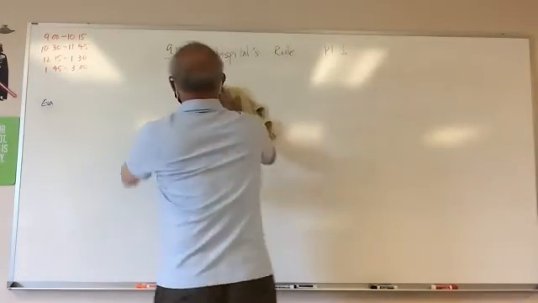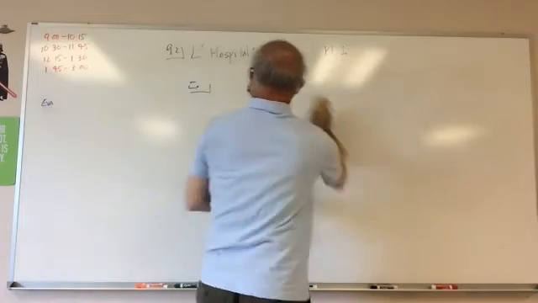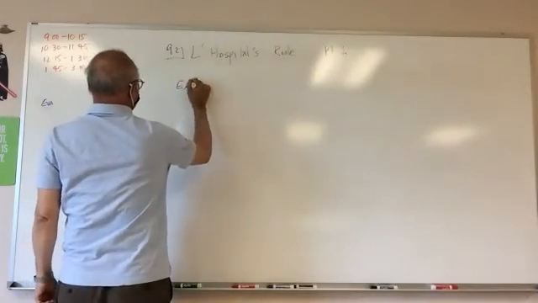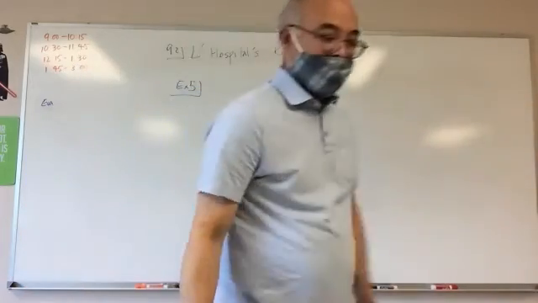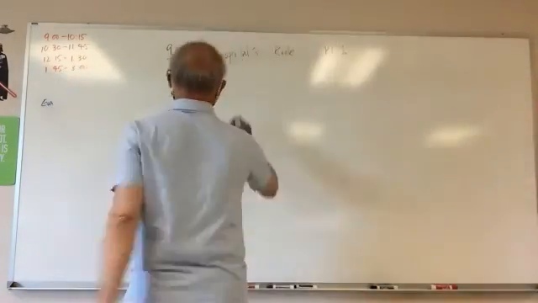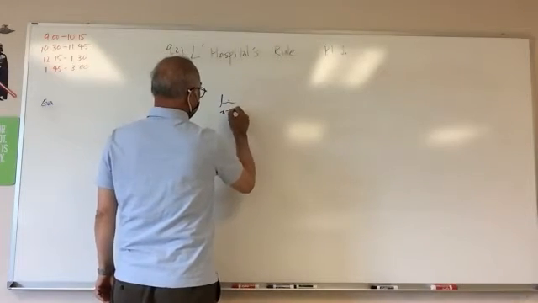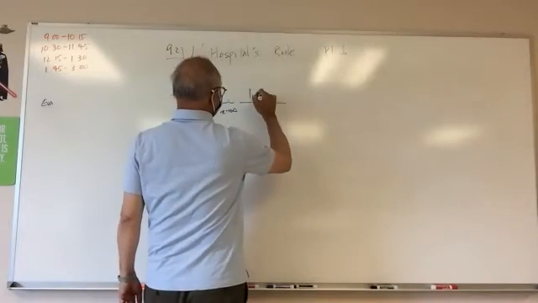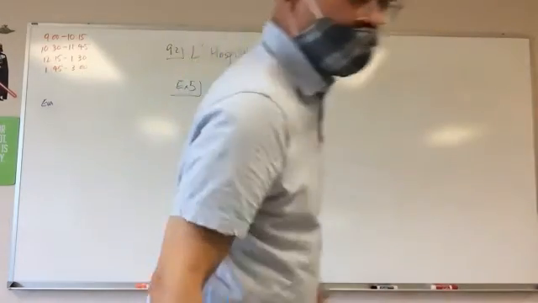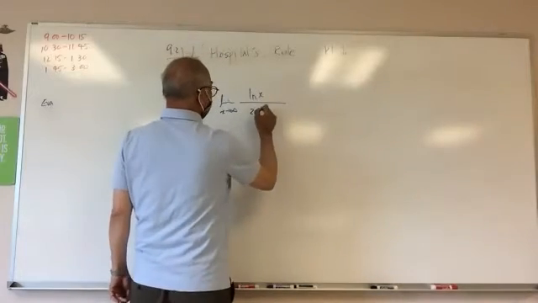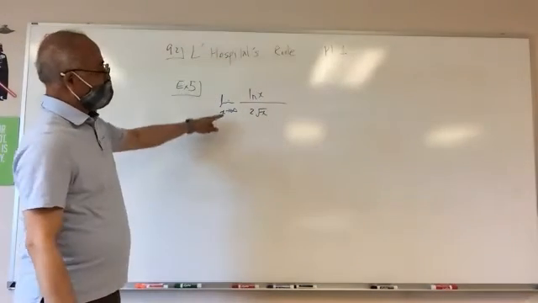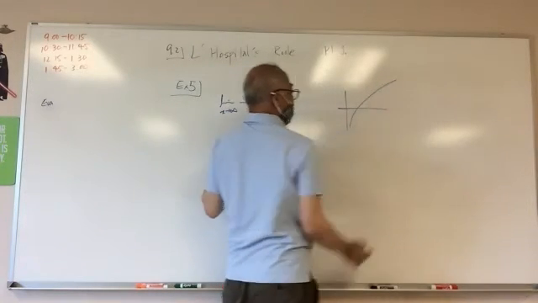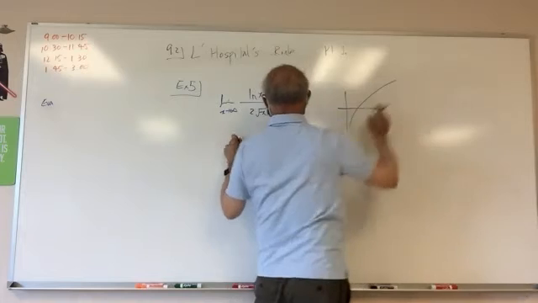Example number 5: the limit as x goes to infinity of natural log of x over the square root of x. Remember, the graph of natural log of x goes on forever, so it goes to infinity.